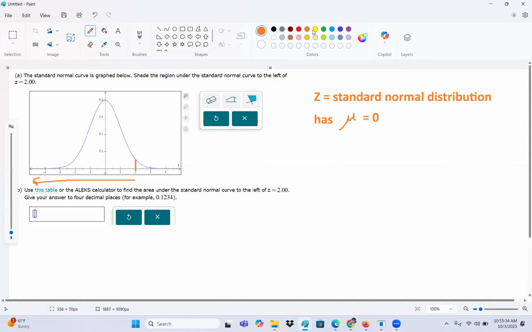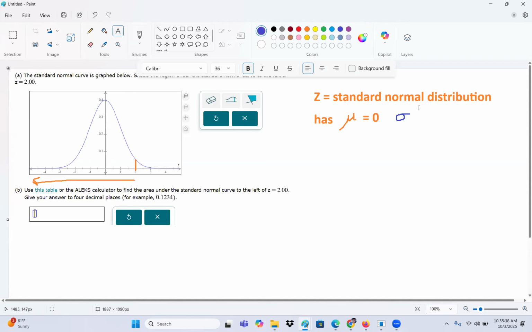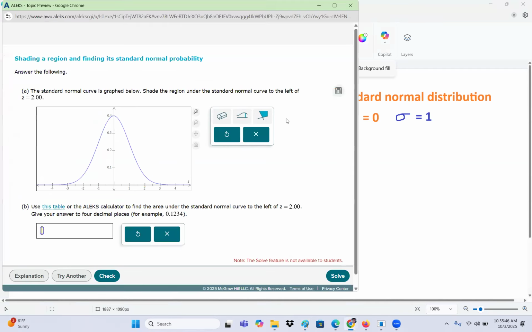This is just a chart that we get used to. Like I said, it's not going to be on a test. It just helps you read the charts, and we can also use the calculator to figure it out.